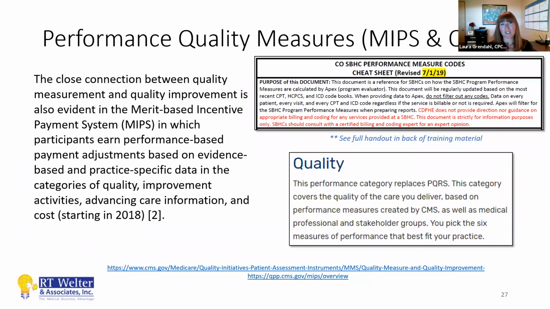Okay, performance measures, quality payment programs, MIPS, all that good fun stuff that came along a few years ago. Really quickly, performance measures are just there to help us track what's going on within our clinics. This is a tracking thing, and it's for contract negotiation.